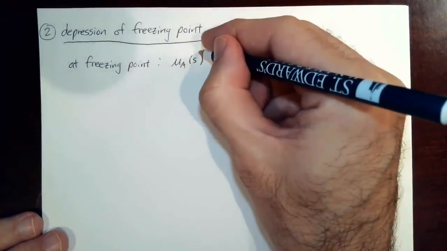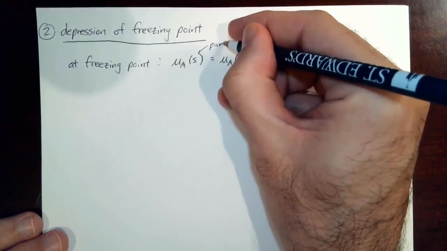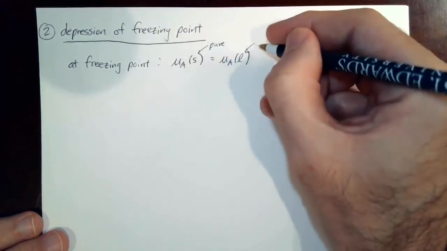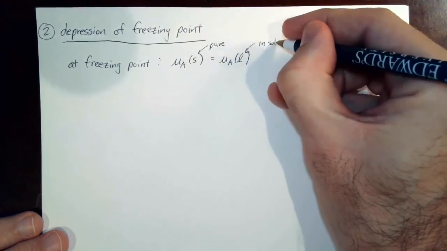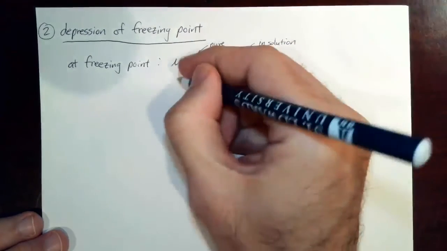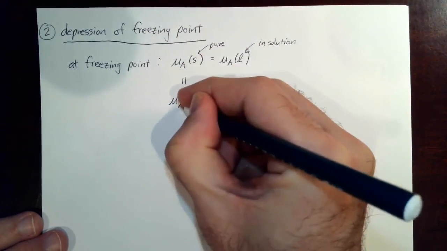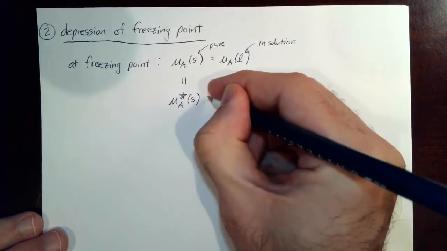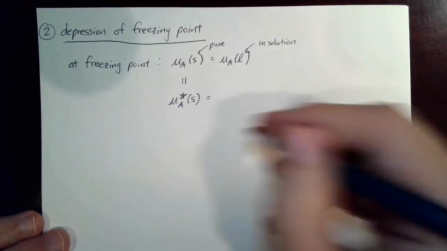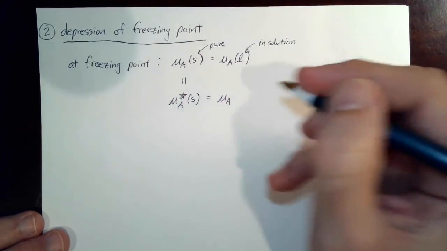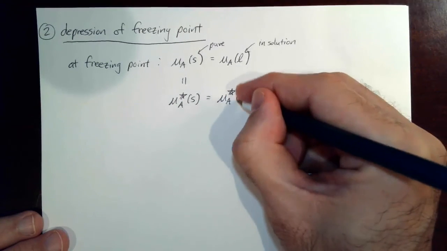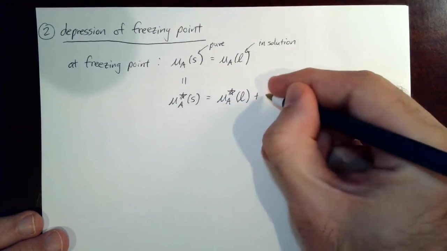And over here, we're talking about a pure solid, whereas over here, we're talking about a liquid that's in a solution. Okay, so that means the left-hand side is just going to be mu star of the solid phase. And the right-hand side is going to be the formula we've been using for ideal solutions throughout the chapter.